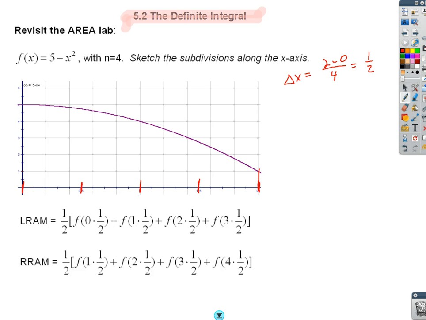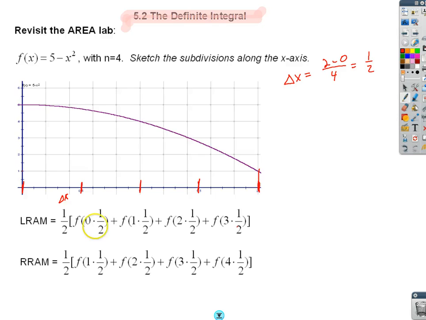So I was noticing here, if you look back at your LRAM, my LRAM was 1/2, that was my delta x, times f of 0, f of 1/2, f of 1, and f of 1.5. But look how this has been reordered and redone.